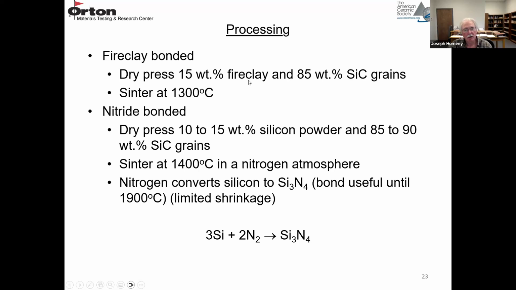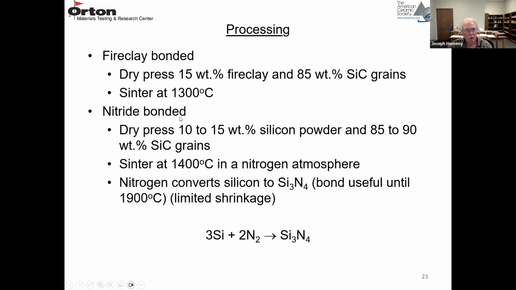So you have a fire clay matrix with silicon carbide grains or aggregate, and then you sinter this material at a pretty low temperature, 1300 degrees C, and the clay is converted to a combination of mullite and glass, as we already have discussed. So that's the fire clay bonded silicon carbide.